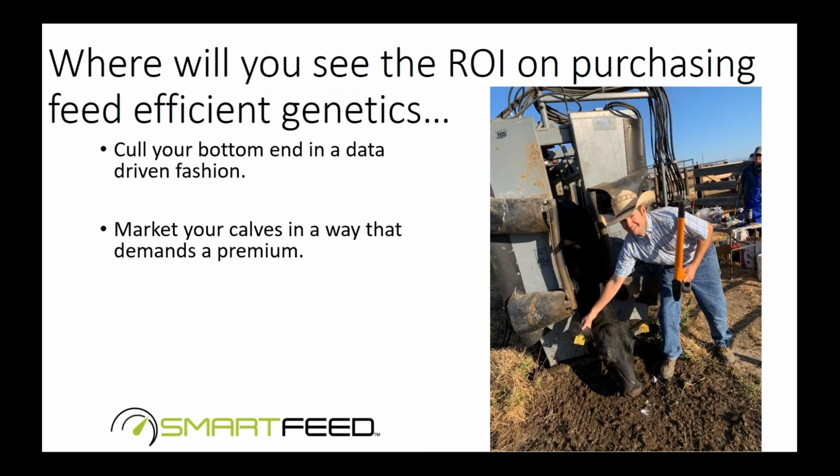That can be as easy as including, in the lot description, the fact that your calves were sired by feed-efficient tested bulls from such and such program. I've personally sold commercial calves in this exact manner and received a $10 to $15 a hundredweight premium over like-kind cattle, simply because I informed the buyer base of the feed-efficient focus of our operation.